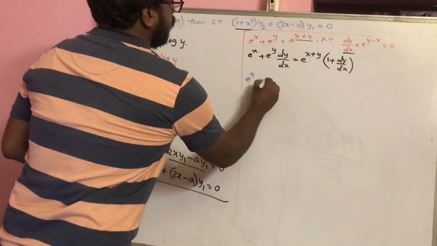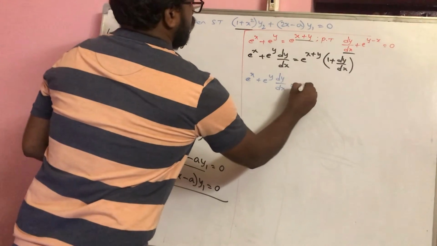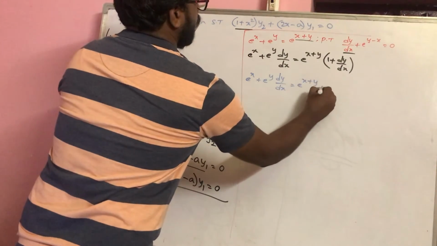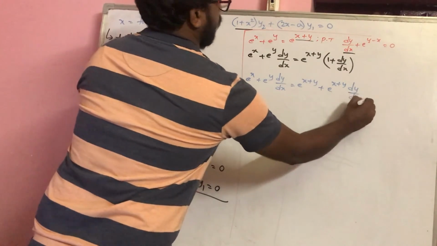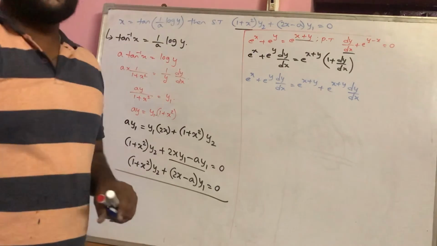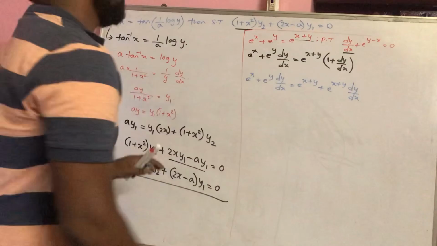So this is e^x + e^y dy/dx = e^(x+y) + e^(x+y) dy/dx. So as you need the value of dy/dx, bring all the dy/dx terms to one side, remaining terms to another side.